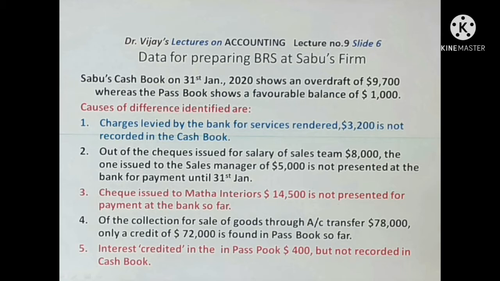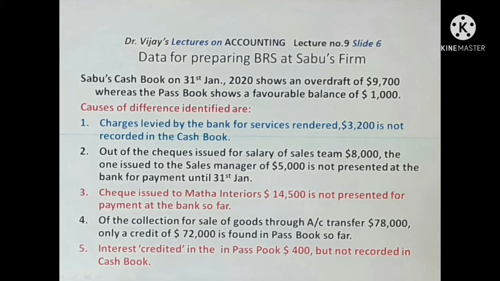The position of Sabu's bank account as on 31st January is shown in slide 6. The cash book of Sabu shows a bank overdraft of $9,700, whereas the passbook shows a balance in favor of Sabu of $1,000.